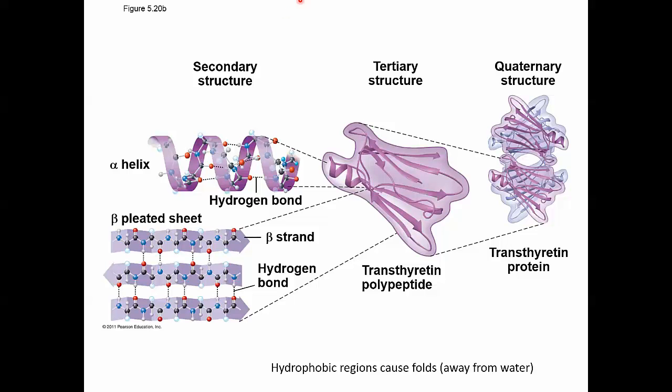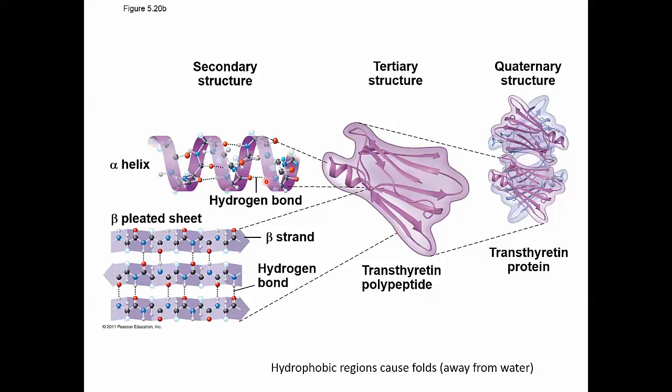Not only that, but you also have hydrogen bonds forming between various parts of the backbone, helping to hold this protein to a specific shape. So hydrophilic parts and hydrophobic parts are turning away or towards the water, and hydrogen bonds are forming between parts of the backbone and adjacent parts of this chain of molecules.